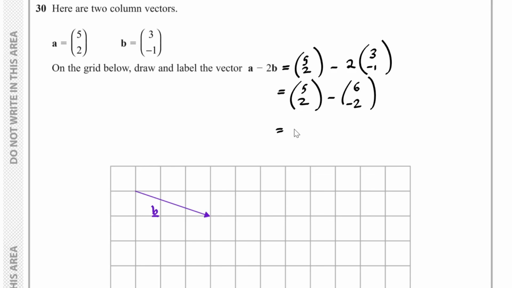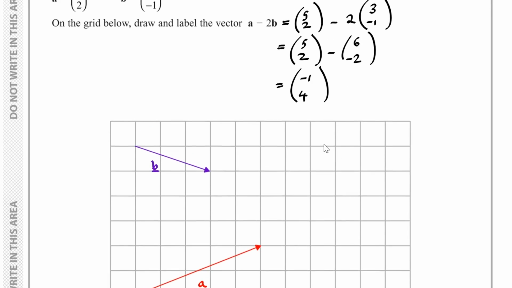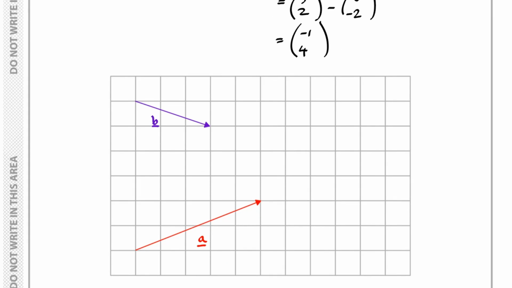So 5 minus 6, that's minus 1. 2 minus minus 2, that's 4. So the vector A minus 2B, that's equal to (minus 1, 4). So let's just show this in a different colour. We have minus 1 across and 4 up, so that it looks like this. So this is the vector A minus 2B.